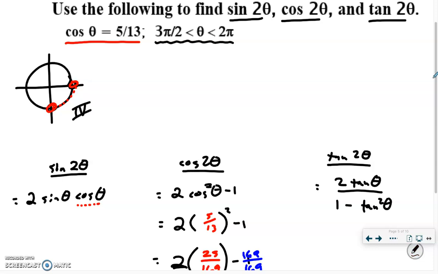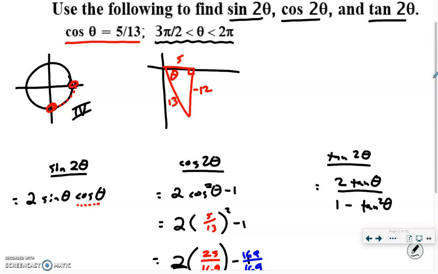We know that we're going to have to draw this triangle in the fourth quadrant such that the cosine, the adjacent over the hypotenuse, is going to be 5/13. That's where theta is going to live, here in the fourth quadrant. So if I were to do my Pythagorean theorem, I'm going to get that this opposite side is 12, but since it's in the fourth quadrant, that better be negative 12.